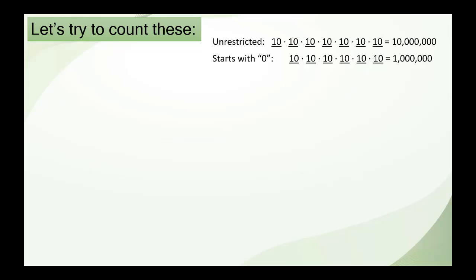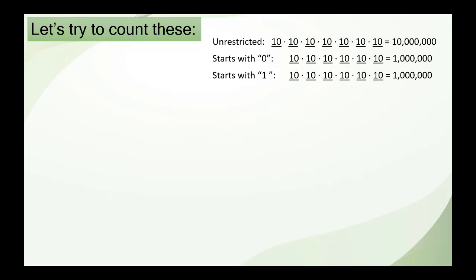So there would be 1 million different phone numbers that might have started with 0. And 1 million different phone numbers that might have started with 1. And if we take that 10 million and subtract away the 1 million and the next 1 million, that's really the 8 million that we got as the answer to that practice problem.